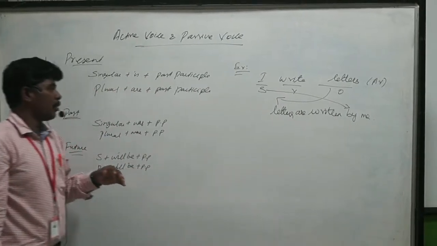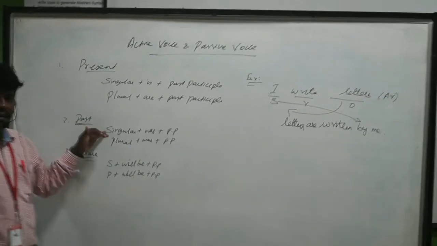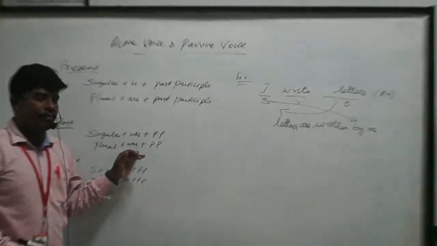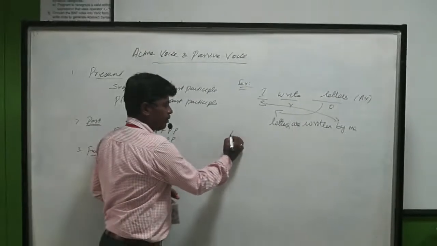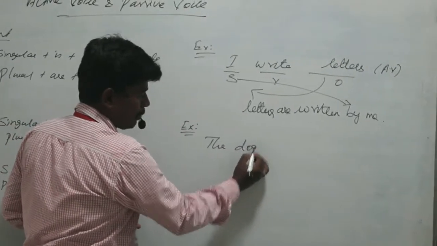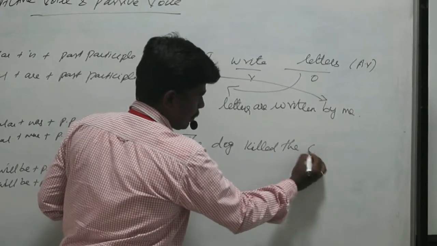So next we are going to talk about the past tense. It's the same formula: singular plus was plus past participle, then plural plus were plus past participle. Same example, just for your understanding purpose. "The dog killed the cat." Okay.